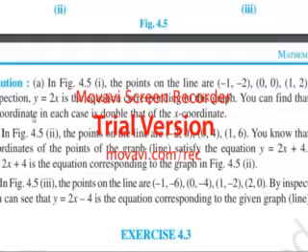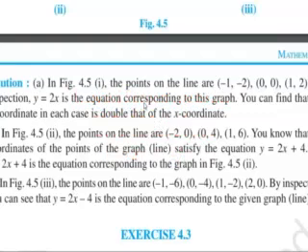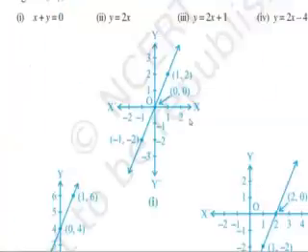So by inspection, y is equal to 2x is the equation corresponding to this graph. You can find that the y coordinate in each case is double the x coordinate, which I had explained earlier.